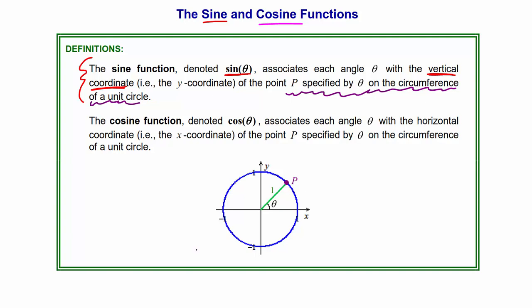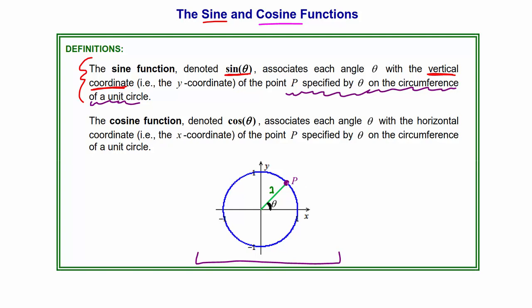We've got in our diagram here at the bottom of the page a unit circle drawn. So we see it's got a radius of 1 unit, and we put angle theta in standard position in the unit circle, and we found the point P that angle theta specifies.